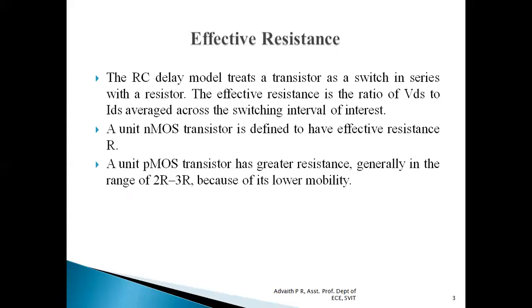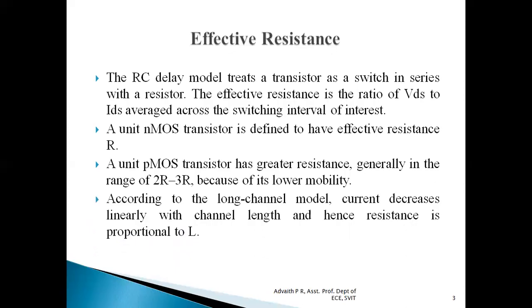Hence, the PMOS transistor is approximated to a resistor ranging from 2R to 3R. According to the long channel model, the current decreases linearly with channel length, and hence resistance increases with channel length. Hence, we can conclude that the resistance is directly proportional to channel length L.